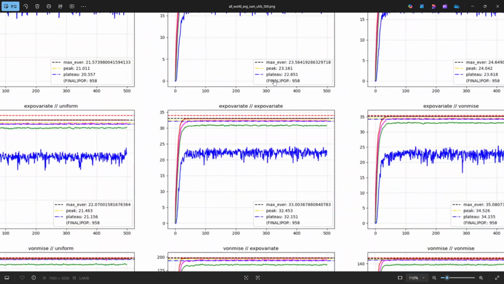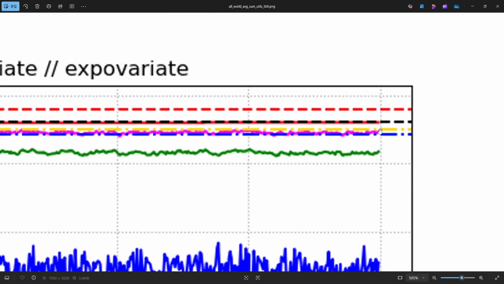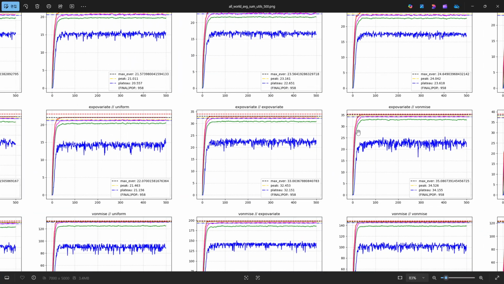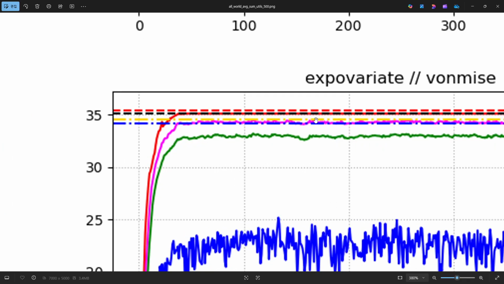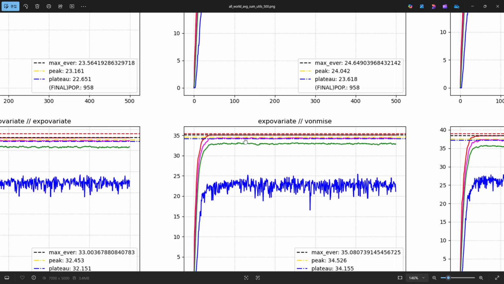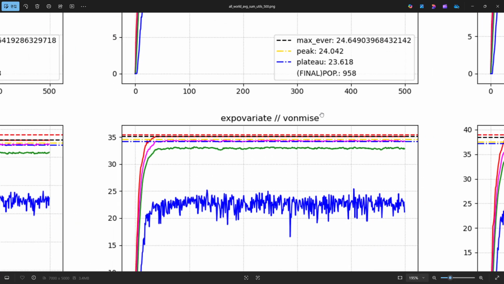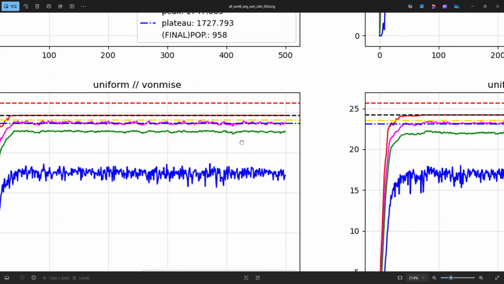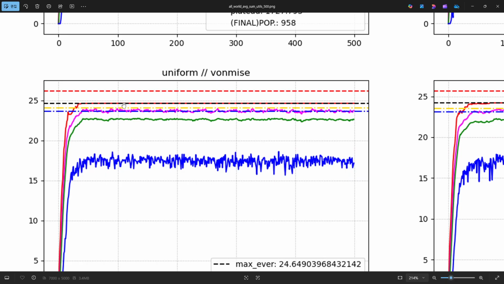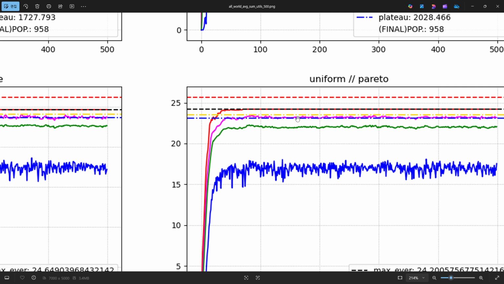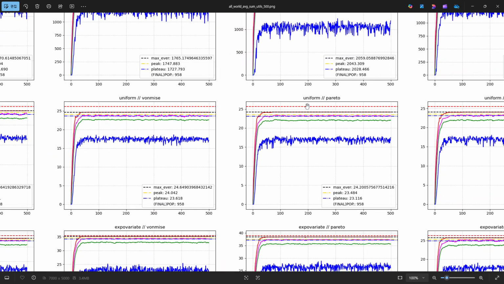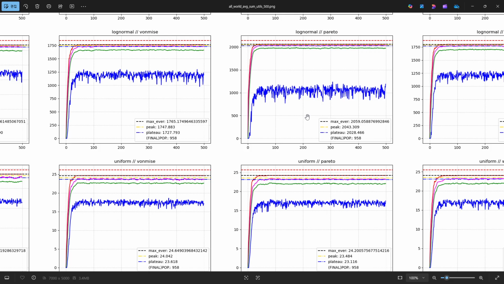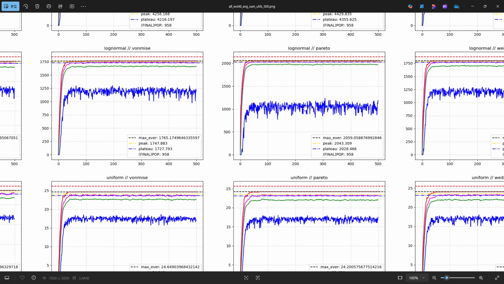And the top 10%, which is the magenta line over here, is very close to the red lines, which is the heads. And the heads almost always touch the black dash-dotted line, which is the maximum ever of any entities that exist or have existed.